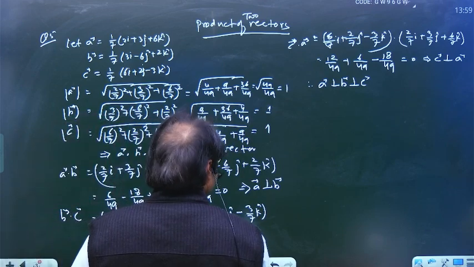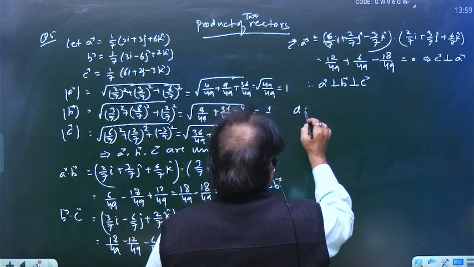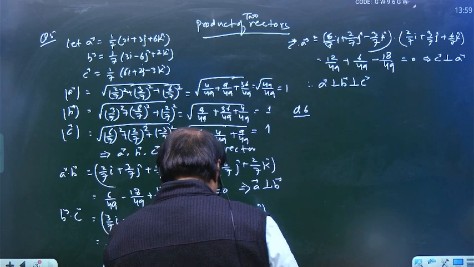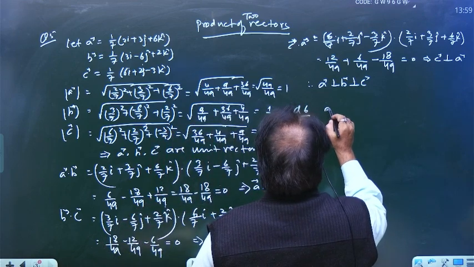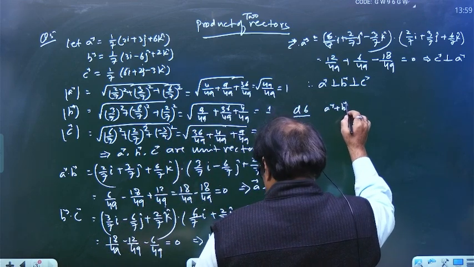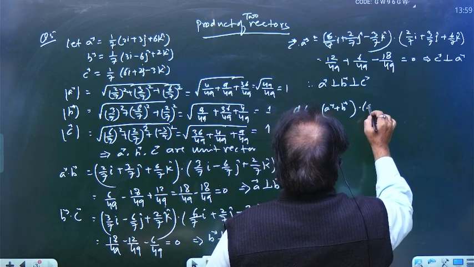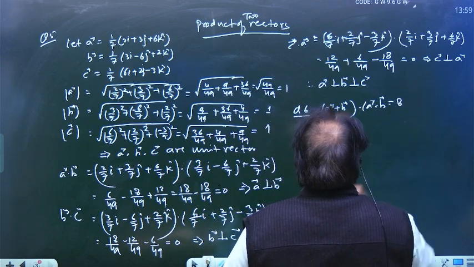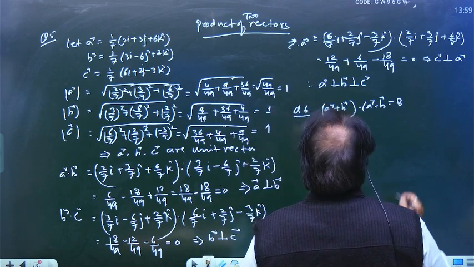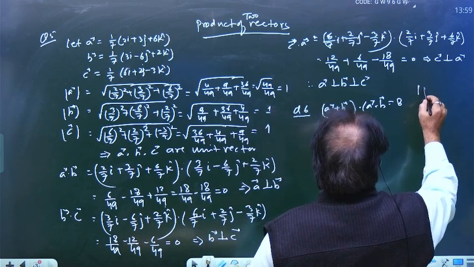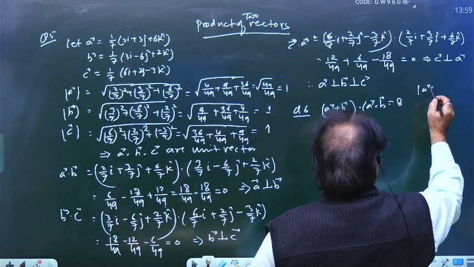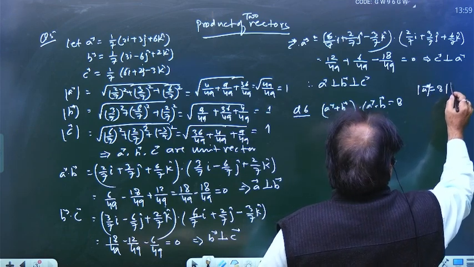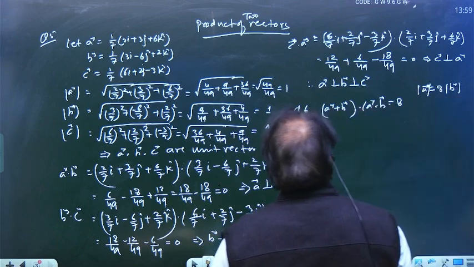Question number 6 is: find the magnitude of A and B if it is given that (A plus B) dot (A minus B) is equal to 8, and magnitude of A is equal to 8 times magnitude of B. This relation is also given.